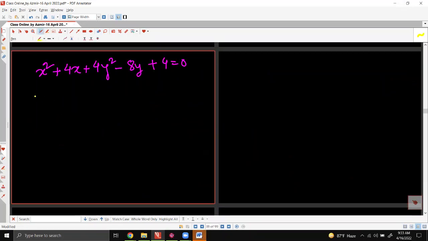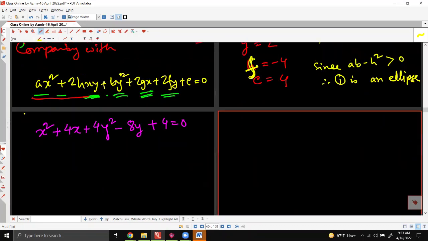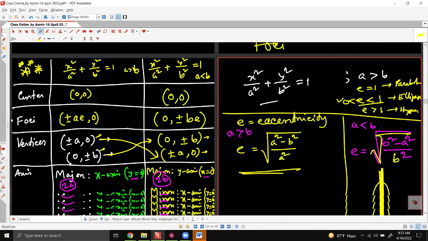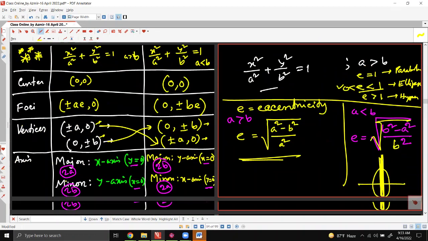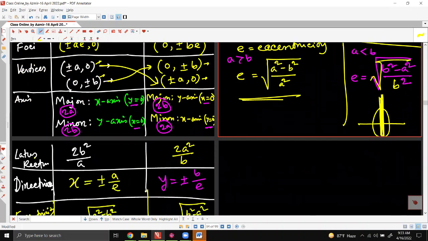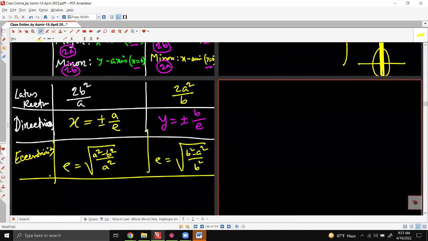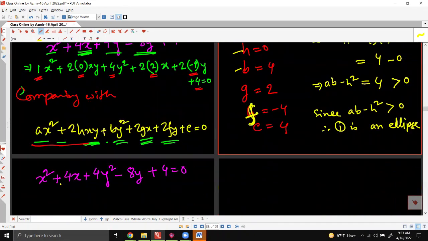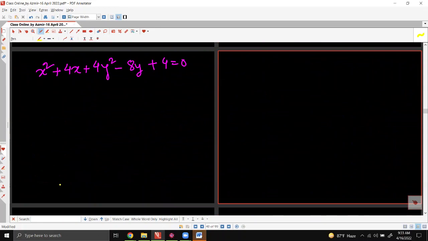So first of all, let us find all the information. We need center, foci, vertices, axes, major axis, minor axis, and also their lengths, then latus rectum, directrices, eccentricity, etc. The equation that is here is not in standard form.